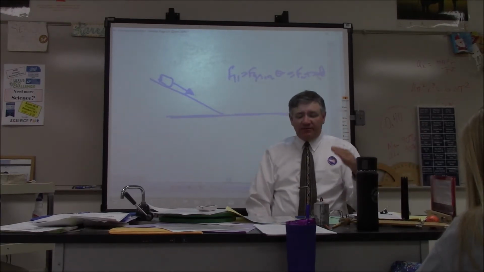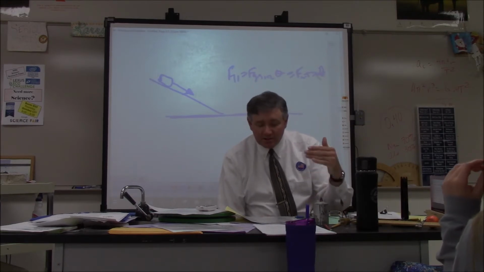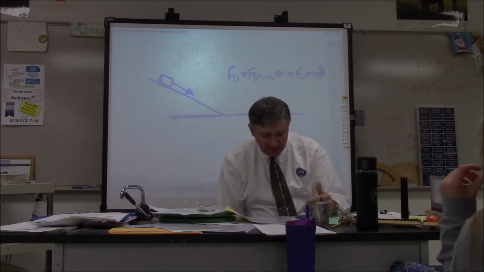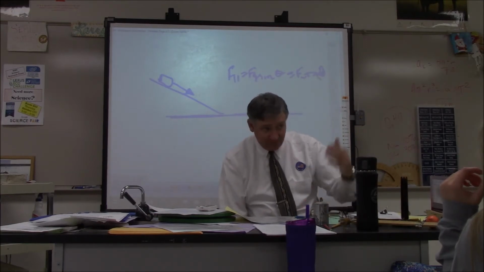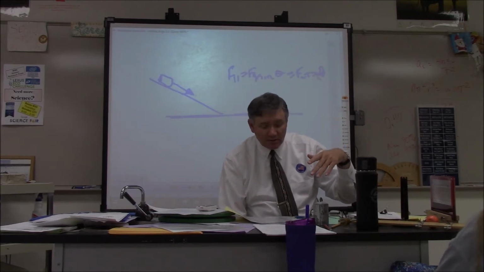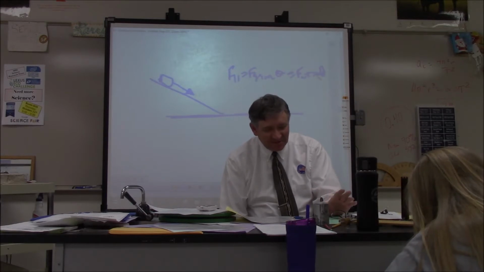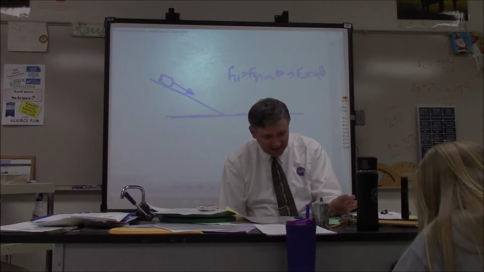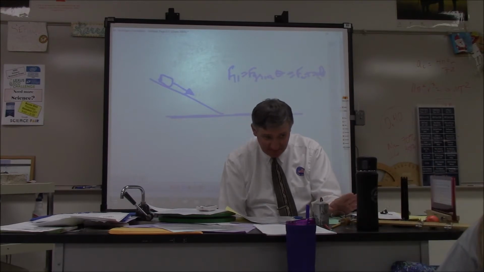Because if 10A is wrong, everything else is going to be wrong. So your acceleration on 10A should be like 4.9 meters per second squared. If you go through all of that, that's what you should get. You have to have the acceleration before you can find the velocity, because if your acceleration's wrong, your velocity's going to be wrong.